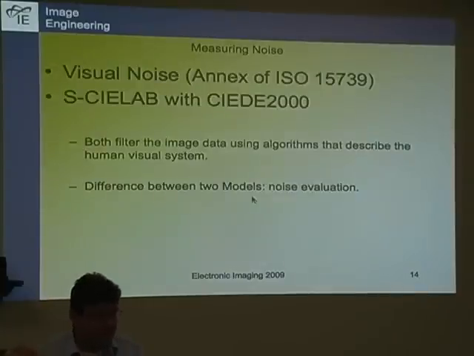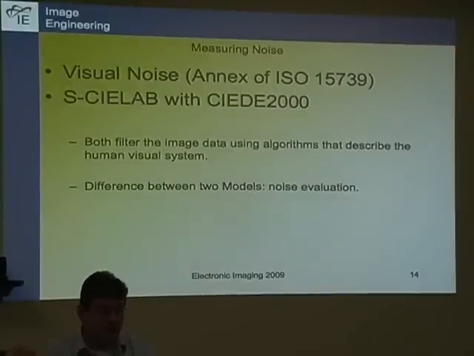So there were two different things we were looking at. One was the visual noise, which currently is an annex of the existing ISO standard. Currently, it's an informative annex.